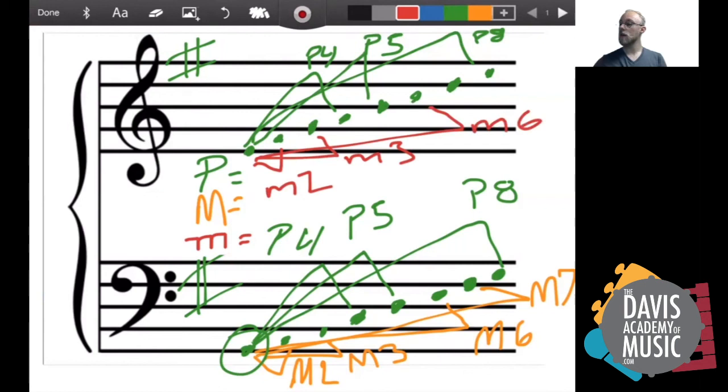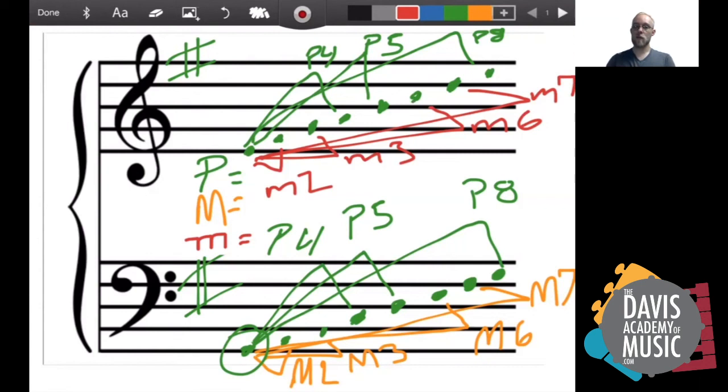And then of course, E to this D is going to give us our minor seventh. So most of the intervals, in fact 4 of the intervals that we find in our minor scale, are going to be minor, and of course we still have our 3 perfect intervals, because again, our perfect intervals don't change based on the scale.